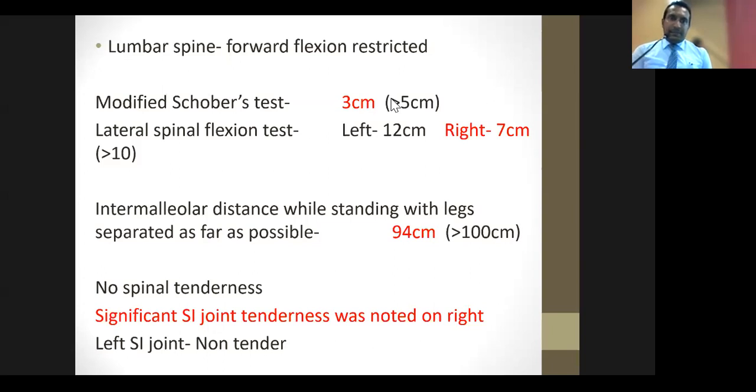It was 94 centimeters. However, there was no lumbar spine tenderness, but we could elicit a significant right-sided sacroiliac joint tenderness, but the left side SI joint was non-tender. Straight leg raising tests were also found to be negative.